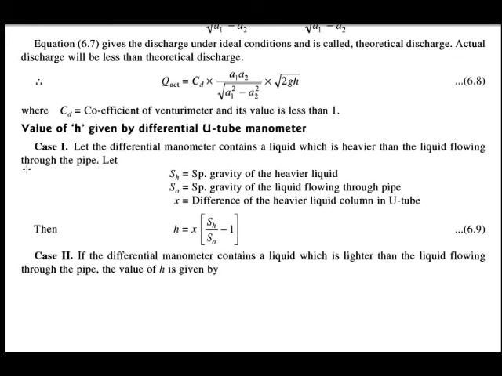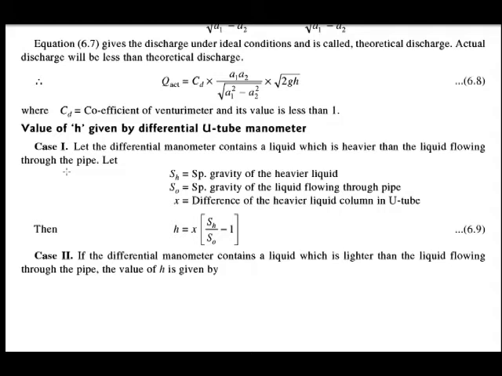For the first case, let the differential manometer contain a liquid which is heavier than the liquid flowing through the pipe. That means for the venturimeter, a U-tube manometer is attached for calculating the difference in the pressure head.